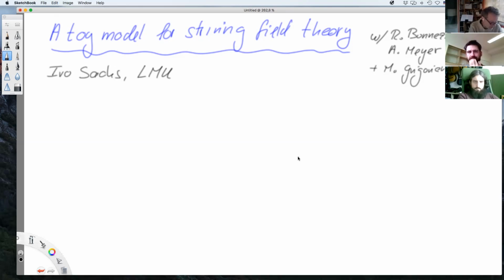What I wanted to do is string field theory in a background independent way, and I still have no idea how to do it. So instead, I decided to do something simpler, which is the point particle, which is similar to string field theory. That's where the word toy model comes from. It's a simple version of string field theory, almost trivially simple. But nevertheless, it gives some ideas of how things work or what doesn't work.